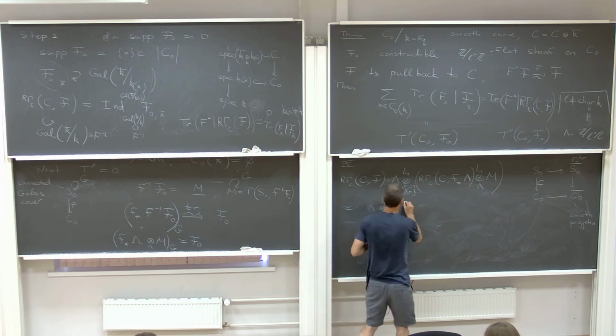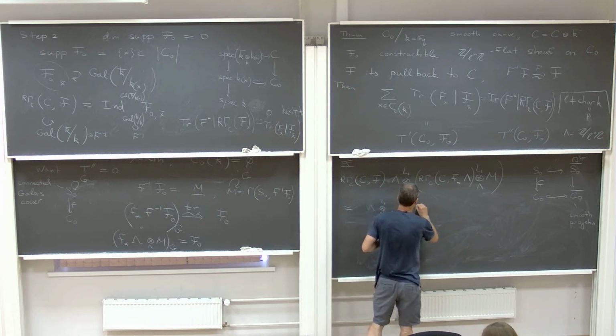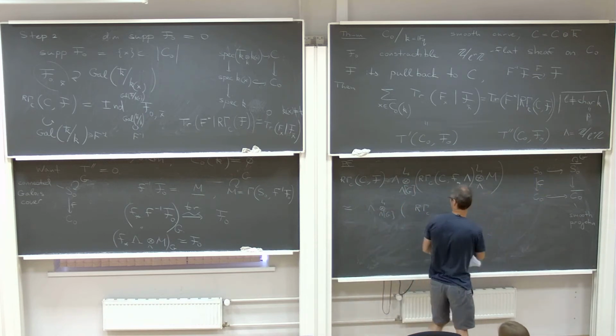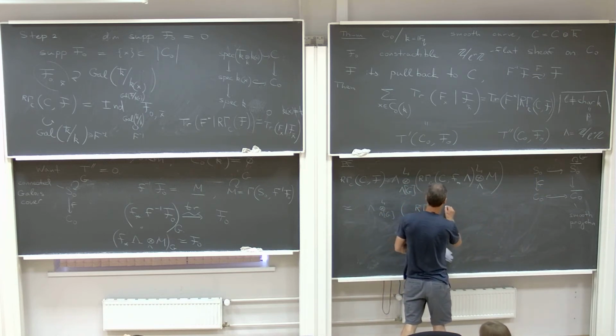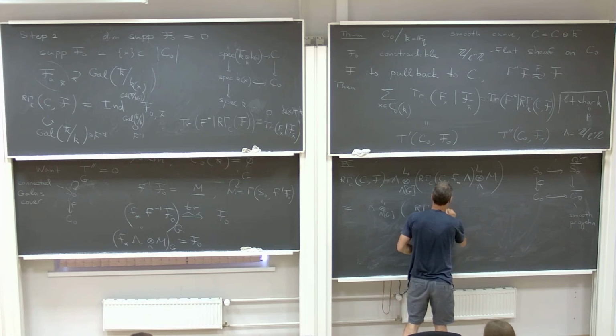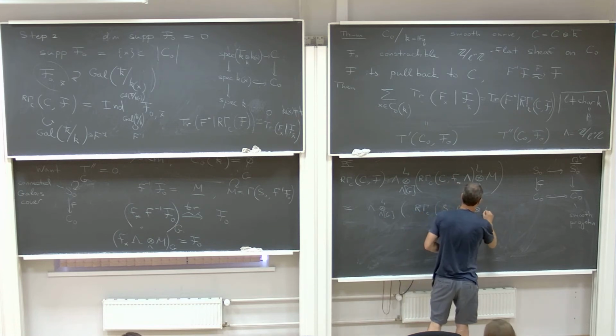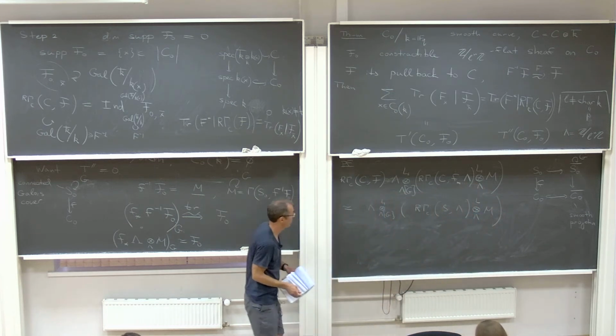And here I replace this by R gamma with compact support of this S, and this coefficients in lambda. Tensor it with M.